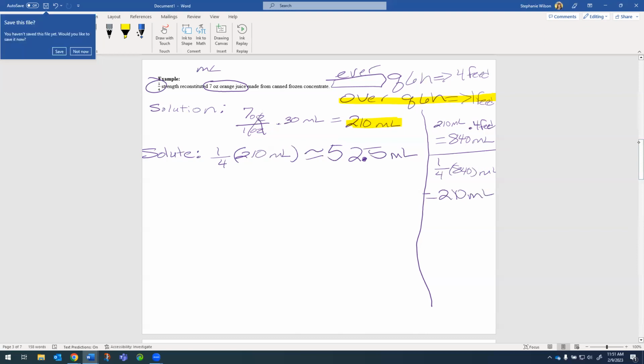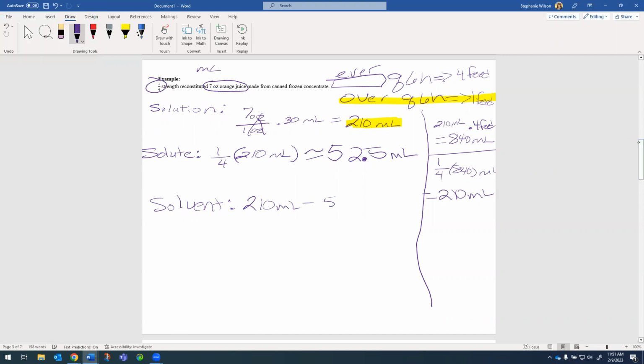Let's figure out how much water we need. My solvent is going to be my solution minus my solute. My solution is 110, or excuse me, my apologies, 210 milliliters minus that 52.5 milliliters.